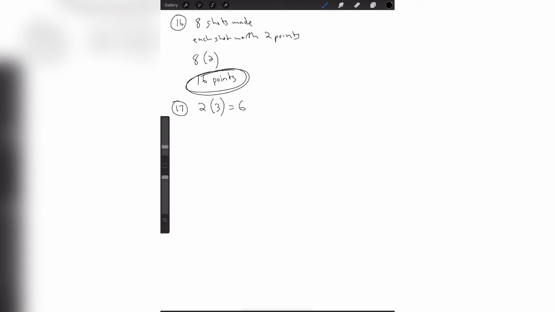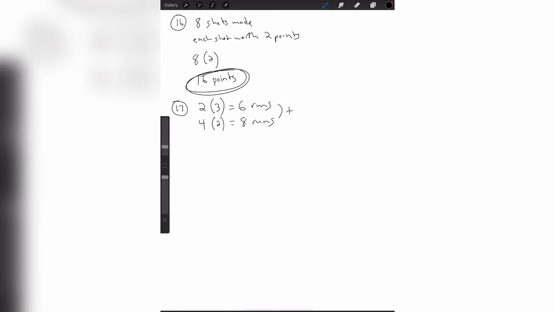That gives me 6 runs total. And then it says 4 hits, and each hit scored 2 runs. So there are 4 hits, and each hit scored 2 runs, which gives me 8 runs.